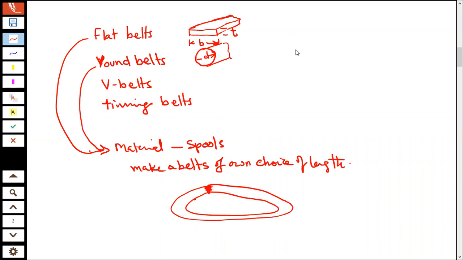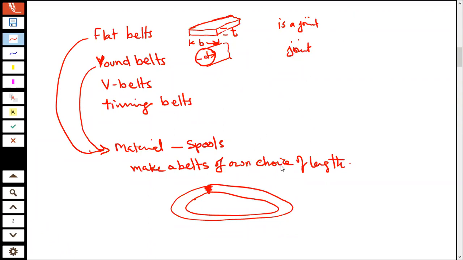So there is a joint in these belts. The round belts also have a joint because you make them according to the length that you would need between two pulleys.